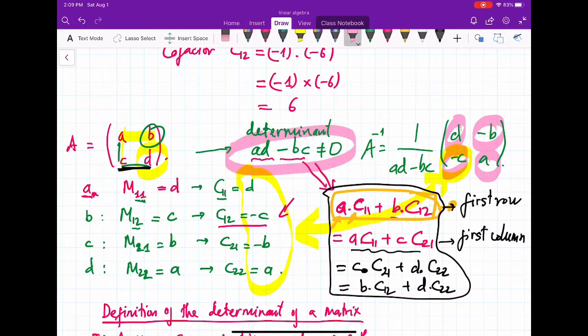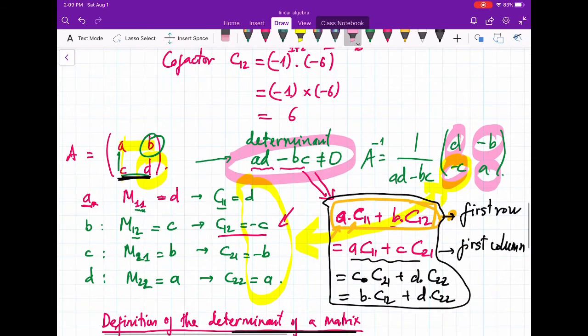Okay, so we have some feeling about the determinant and how we can use the determinant to find the inverse of a matrix. You see this? If you look at this formula, we might think about the determinant along any entries or along any row or along any column, right?